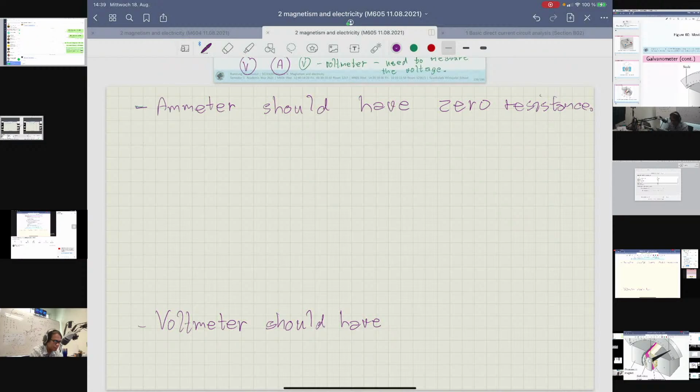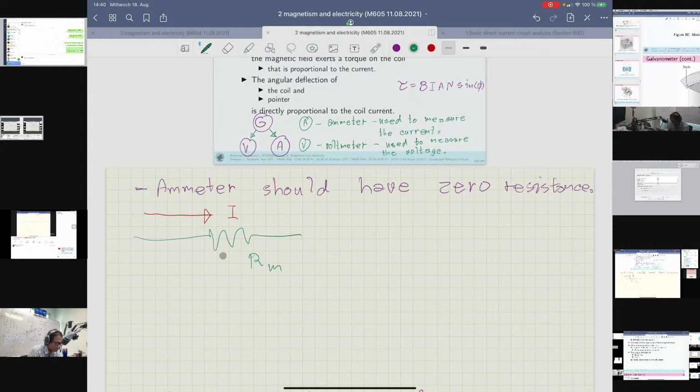In order to measure the voltage across this, first we would like to measure the current across this branch, ammeter first, and we will go later to the voltmeter. How could we measure the current through this branch, how much charge is flowing through this resistor?